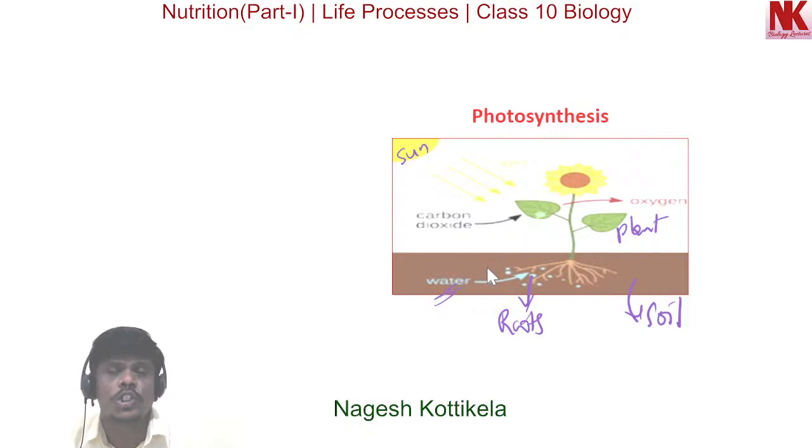Also other essential nutrients, what we call mineral nutrients, are absorbed from the soil by these roots. So roots absorb water and the other essential mineral nutrients from the soil for the photosynthesis process and other mechanisms.